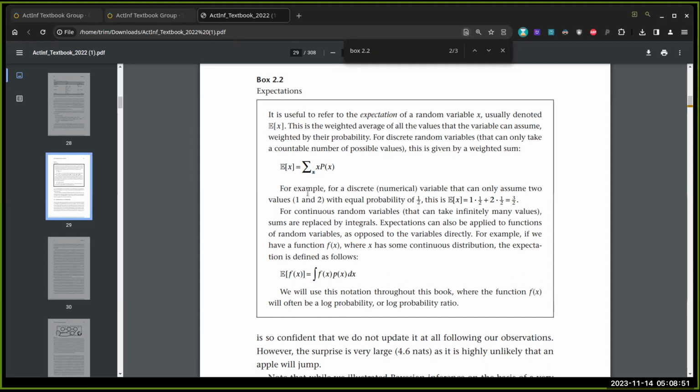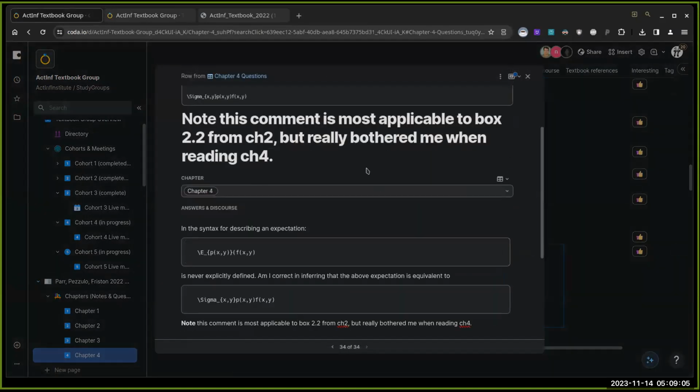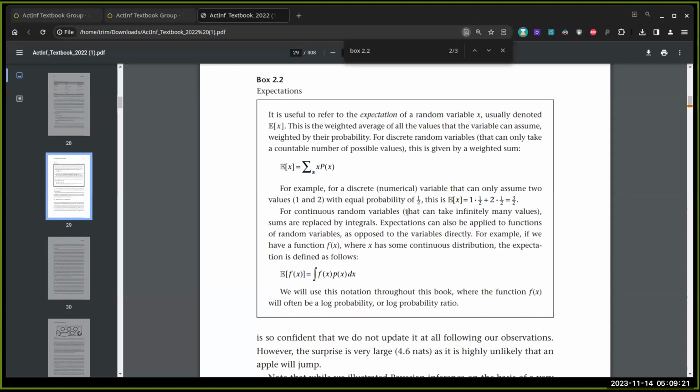Like in my example, I have an X and a Y in the subscript, P of X, I think. There are times where that subscript contains multiple internal variables. What I'm trying to get clear is what we are actually summing over and what the weighting factor is, whether the weighting factor is included in the square brackets or not.